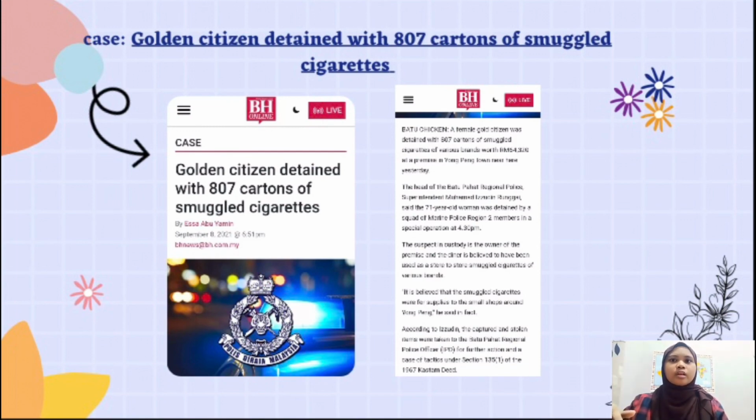The suspect is the owner of a premise, and the smuggled cigarettes were to supply small shops around Yongping. According to the head of the Batu Pahat Regional Police, Superintendent Muhammad Izzuddin Rungai, the captured and stolen items were taken to the Batu Pahat Regional Police Office for further action.